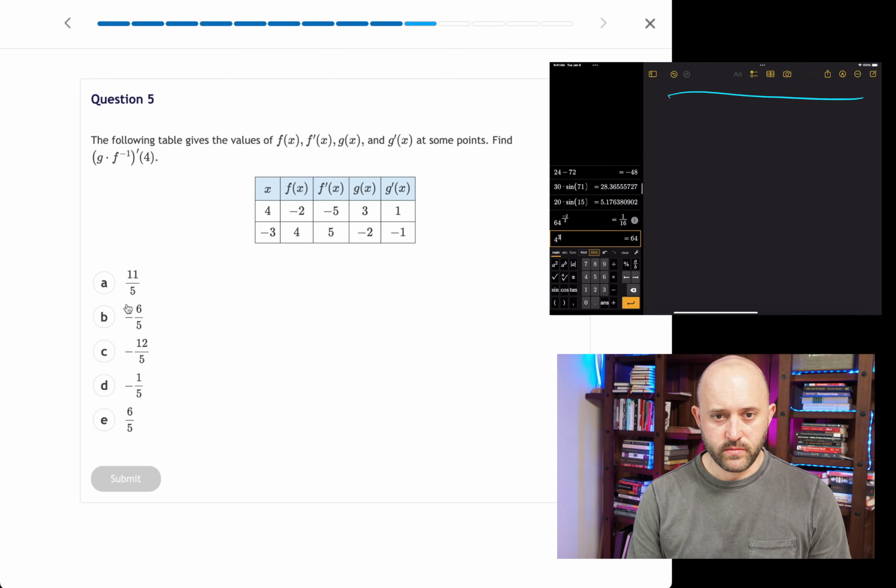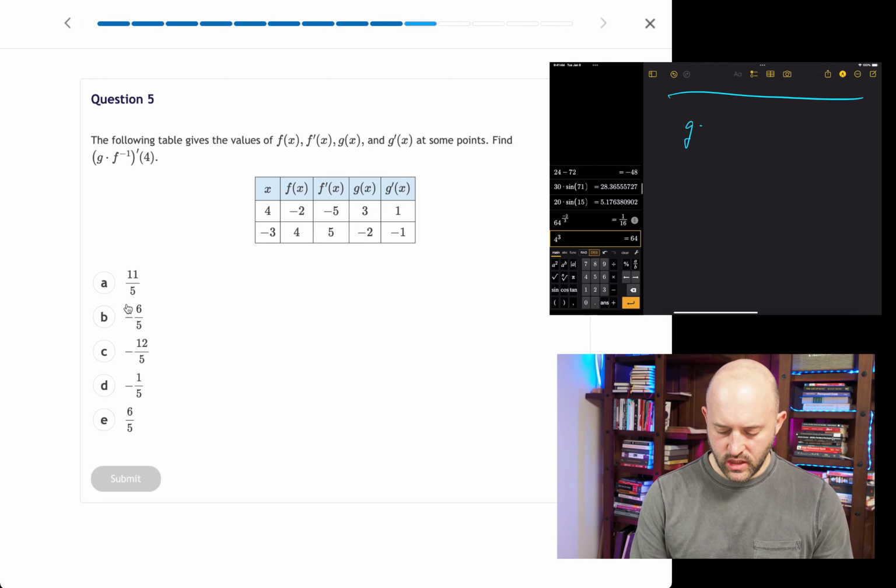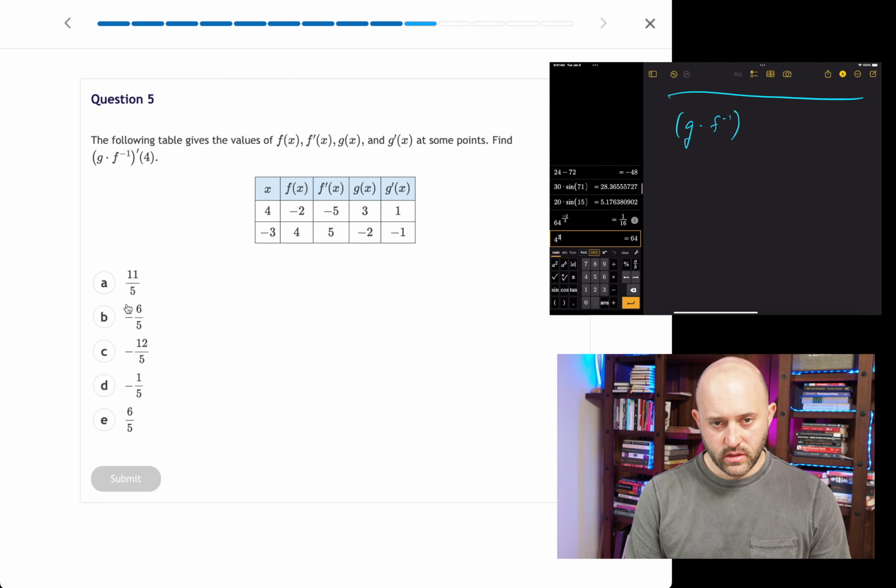So what do we have here? f of x, f prime, g of x, g prime of x. At some point, so we're looking for the derivative of f inverse times g at 4.